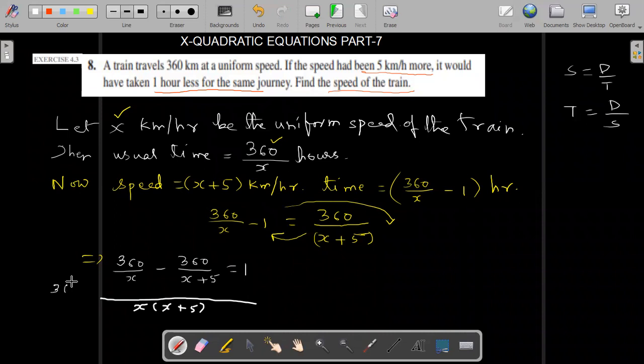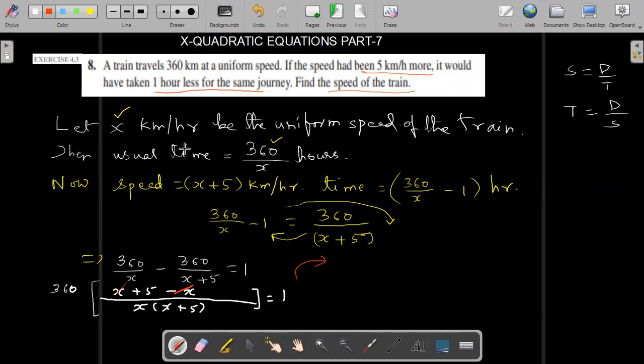So 360 is common, then this will become x plus 5, this x will come here minus x is equal to 1. Then x minus x will cancel and we get 360 into 5. Multiply 5 by 360, so 360 into 5 is equal to 1800.